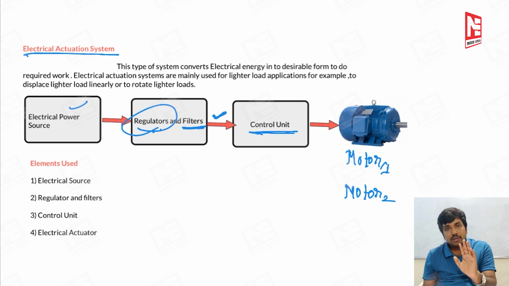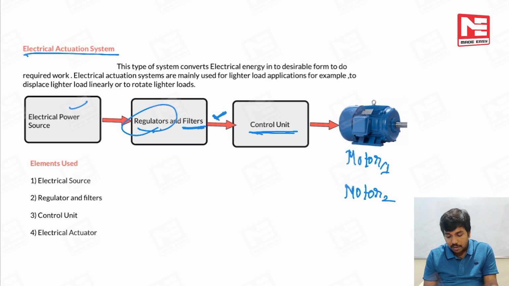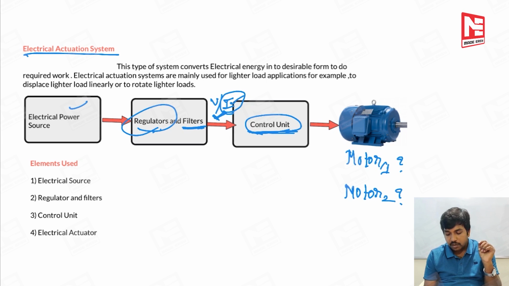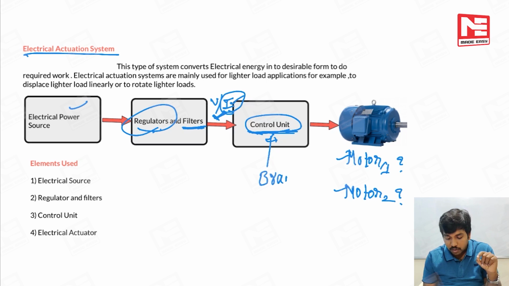It functions exactly the same way the brain works in the human body. Correct? Because previously in the first slide I explained clearly that whether to channelize the blood to the legs or hands will be decided by the brain. Similarly, the control unit decides whether to transfer this current to motor 1 or motor 2. Finally, the required amount of current in purified form will come to the desired motor.